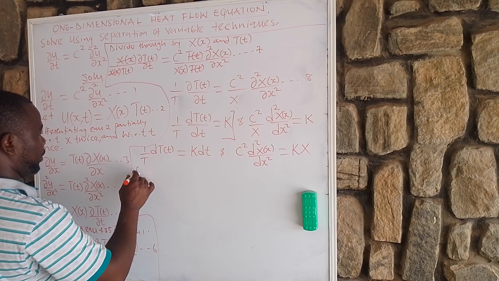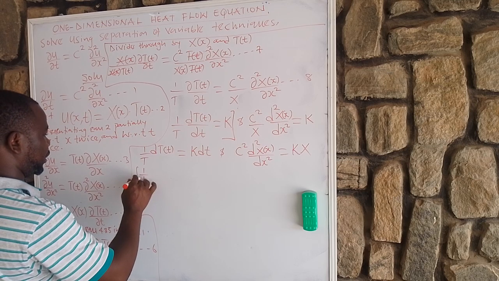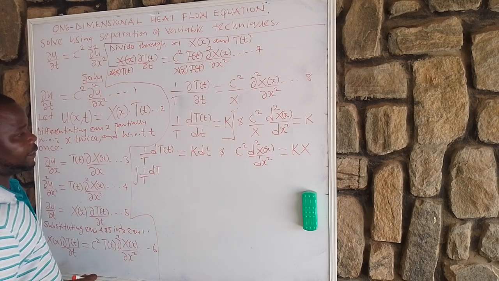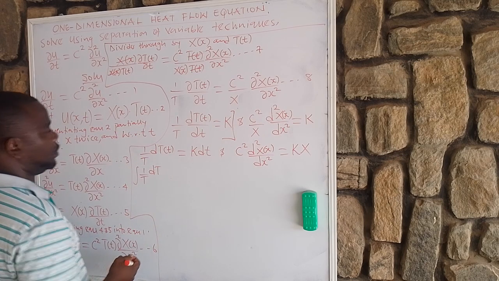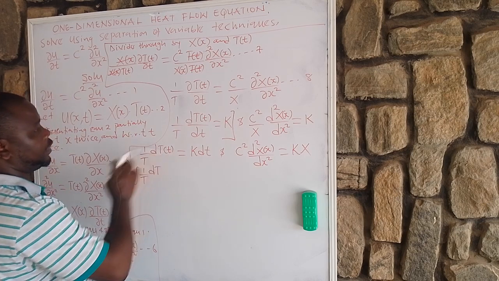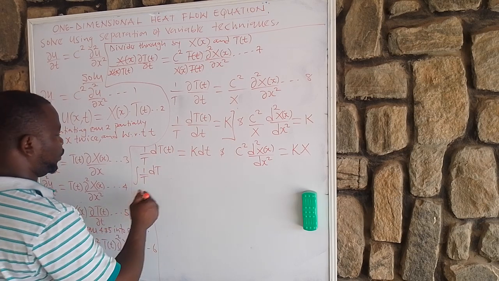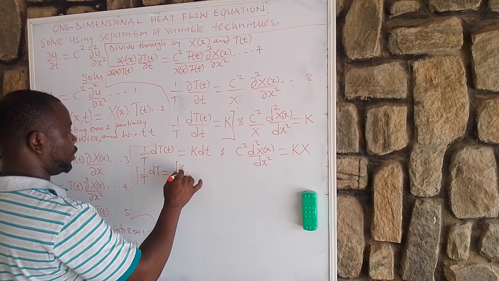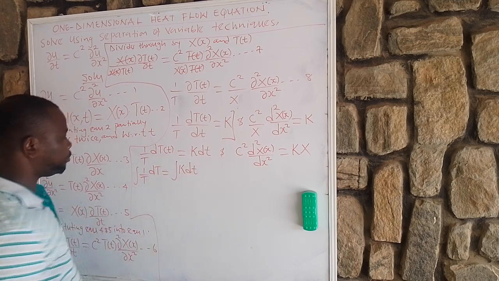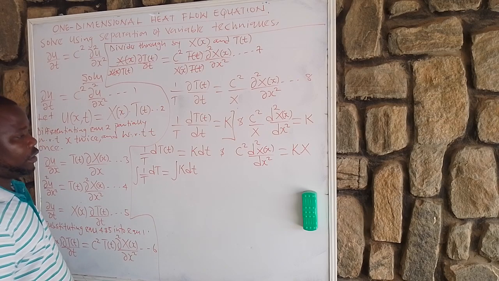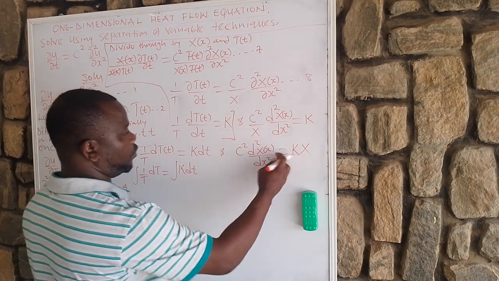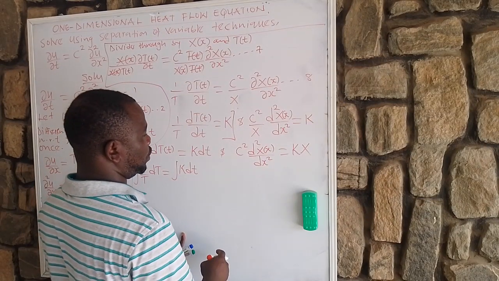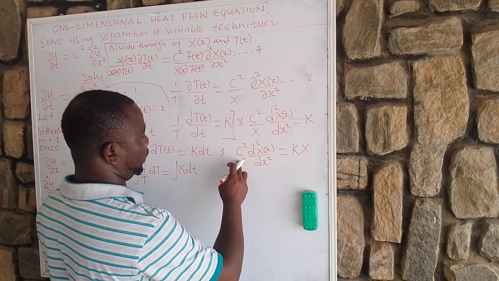Here will now be the integral of 1 all over T dt. It is not necessary we put T of t again. Then here will now be equal to the integral of k dt. We can also divide through by c squared.